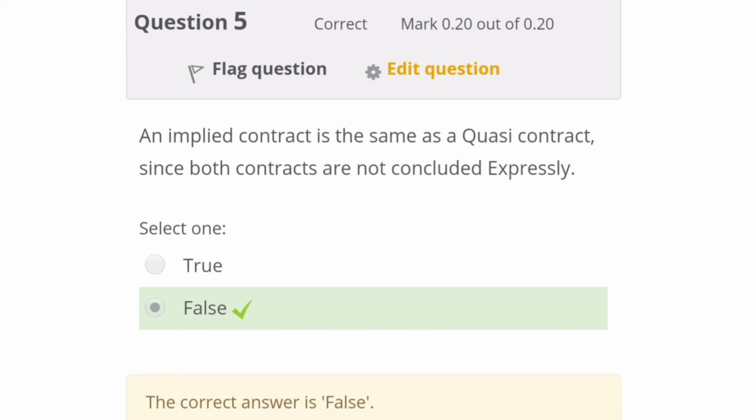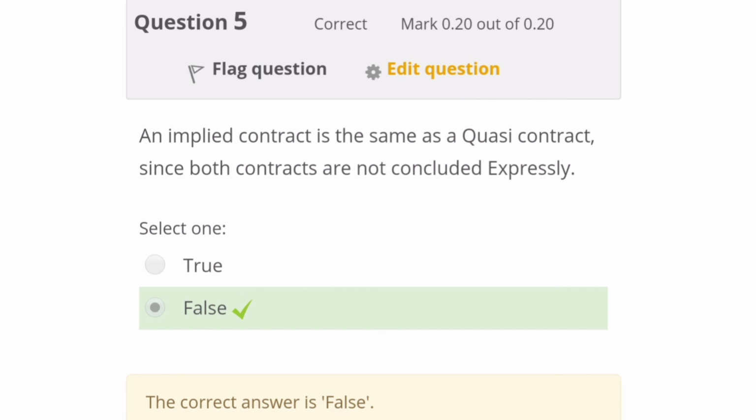However, you need to remember that in true and false questions, one way to set a tricky question is simply to make one half of the statement correct, while the other half is clearly not correct or is partially correct. So in short, other than the fact that both implied and quasi contracts are not concluded expressly, other than this similarity, there is a further difference between these 2 types of contracts, which is why the law distinguishes between these 2 types.